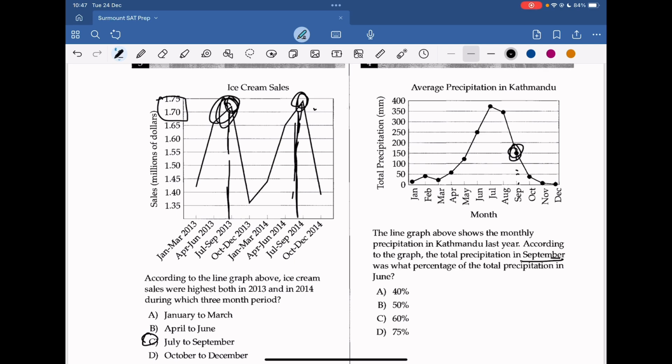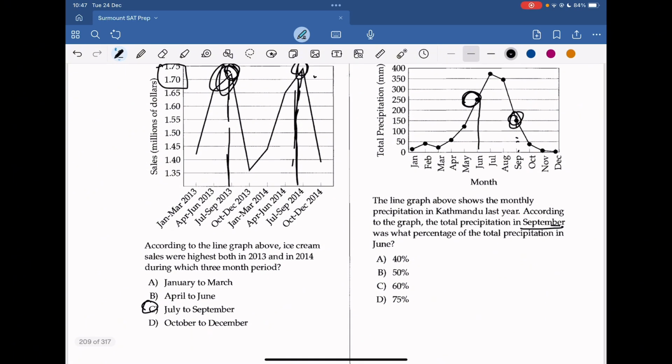The total in June, if you go up here, should be 250. To find the percentage, we divide the precipitation in September by the precipitation in June and multiply by 100, and we get 60%, so the answer is C.